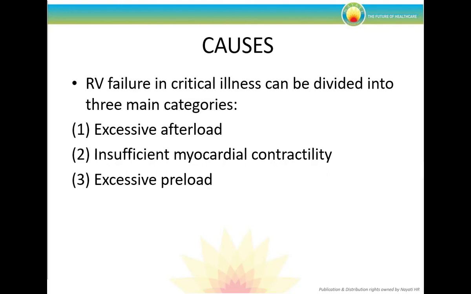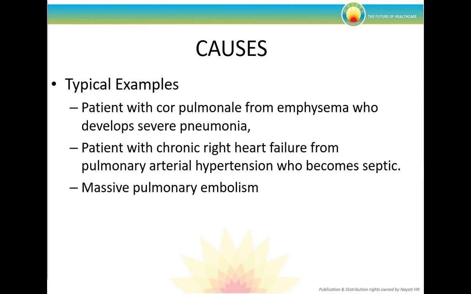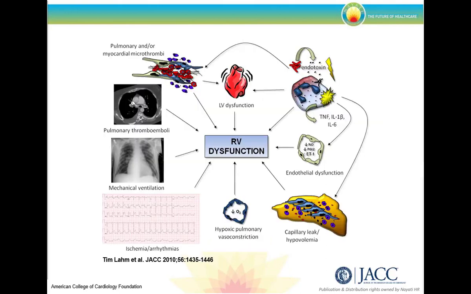Insufficient myocardial contractility, again septic cardiomyopathy, can be a cause, but the classical one is right ventricular myocardial infarction, especially when there is an inferior STEMI. Excessive preload can be because of valvular heart diseases, tricuspid regurgitation, or ventricular septal defects. So these are the typical examples that I just enumerated.